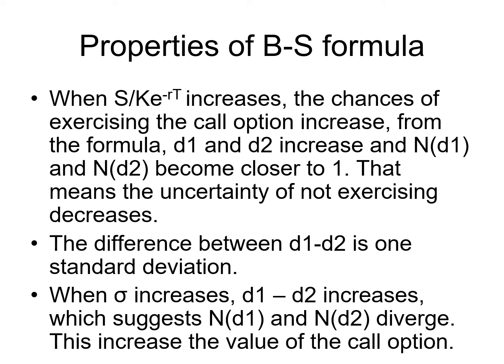That means the uncertainty of not exercising decreases. The difference between D1 minus D2 is 1 standard deviation. When sigma increases, D1 minus D2 increases, which suggests N(D1) and N(D2) diverge. This increases the value of the call option.